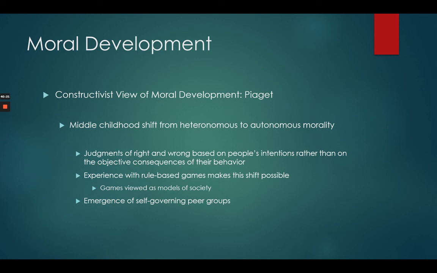There might be some common core of it, like they might start off with a tag game, but they start modifying the rules and creating rules around that. For Piaget, that activity is essential for moral development. So Piaget would say that we're going off track with this overscheduling, adult-oriented movement for kids in middle childhood now.